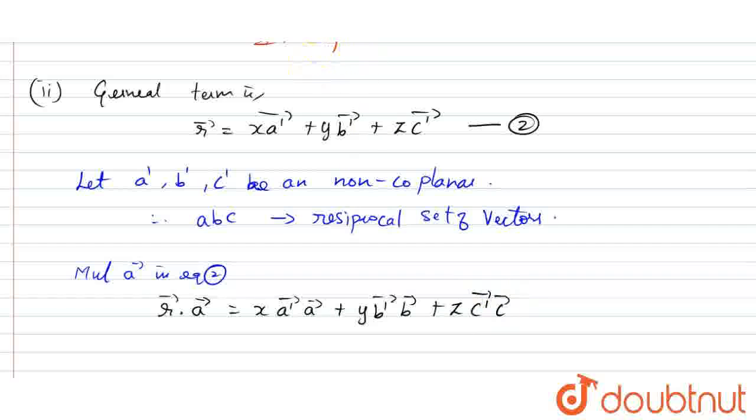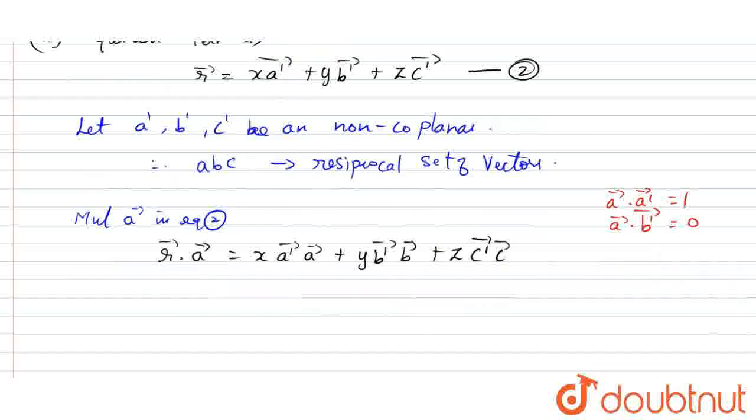For this condition, I'm going to write here a vector dot a dash vector equals 1, a vector dot b dash vector equals 0. That means same values are 1, opposite values are 0. The same condition I'm going to use here. Therefore r vector dot a vector equals 1 x, and this one is 0, this one is 0. So this is the value for x.